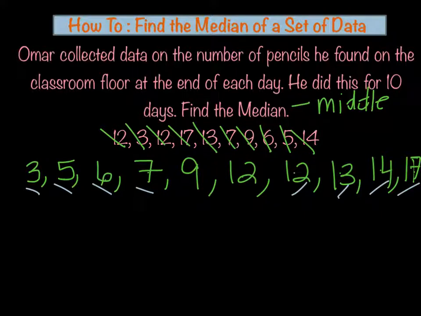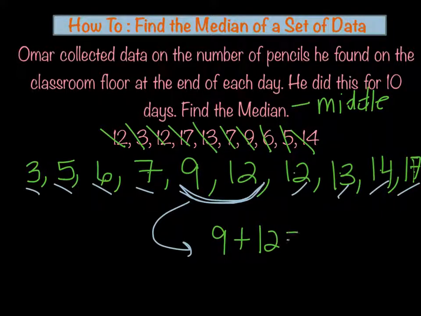So if you ever come into the situation where you have 2 numbers that are left to figure out your median, what you have to do is add them together and then divide by 2. So we're going to take 9 and 12, and we're going to add them together. And we know that 9 plus 12 is equal to 21.